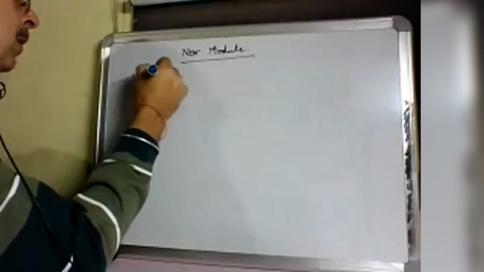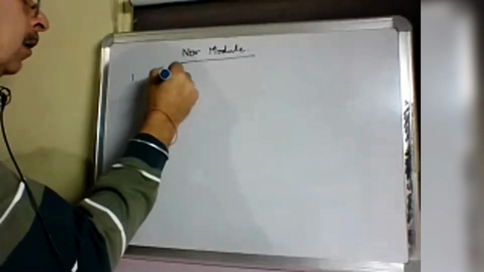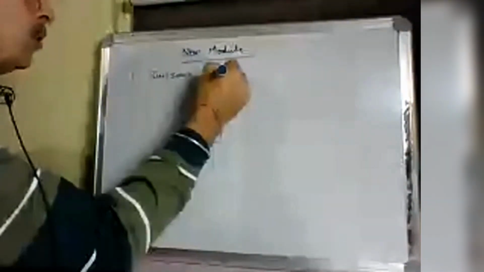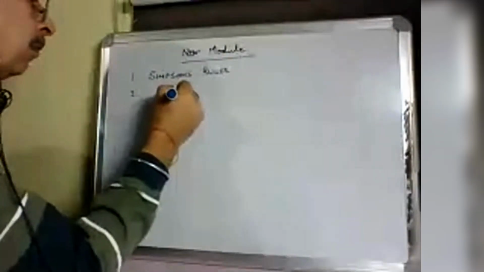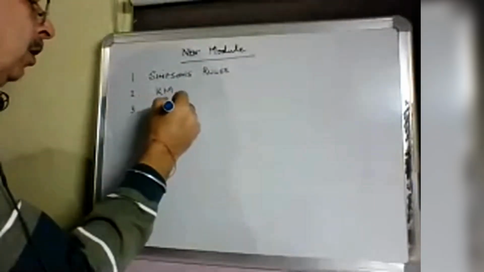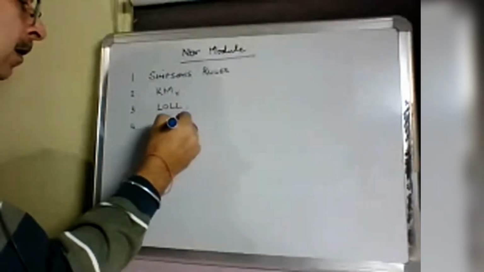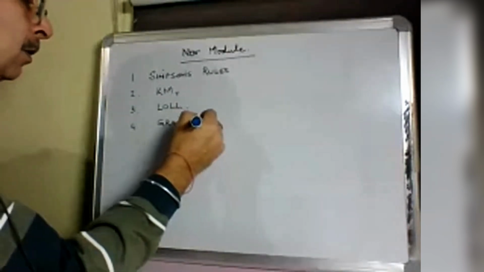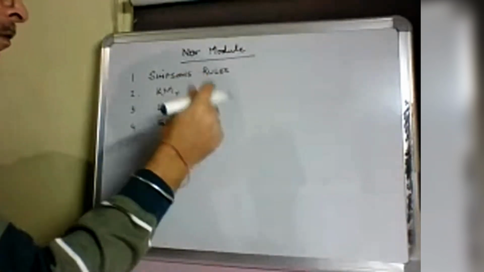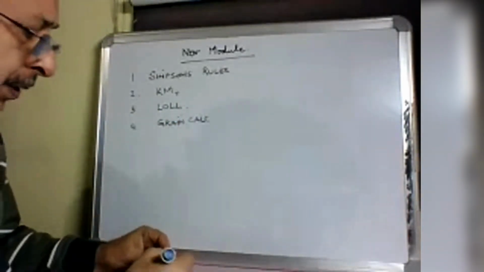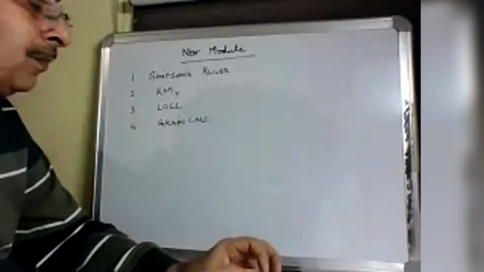And what we'll be doing now will be Simpson's rules, we'll be doing KM, then angle of loll, and grain calculations, grain stability. These are the 4 topics that we'll be covering in this module, in this month.